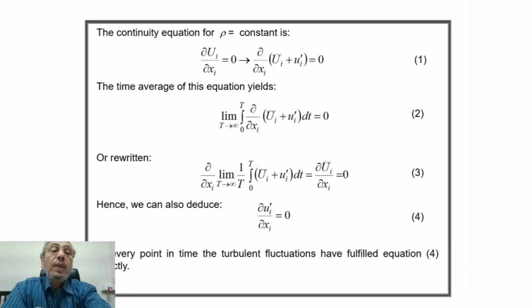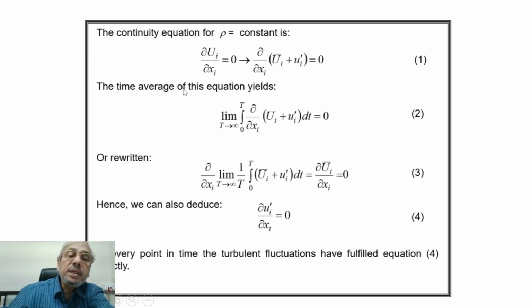So the continuity equation for constant density flows, we can write del ui by del xi equal to 0, and this ui is instantaneous, so this is del xi of ui bar plus ui prime, time average plus instantaneous, equal to 0.